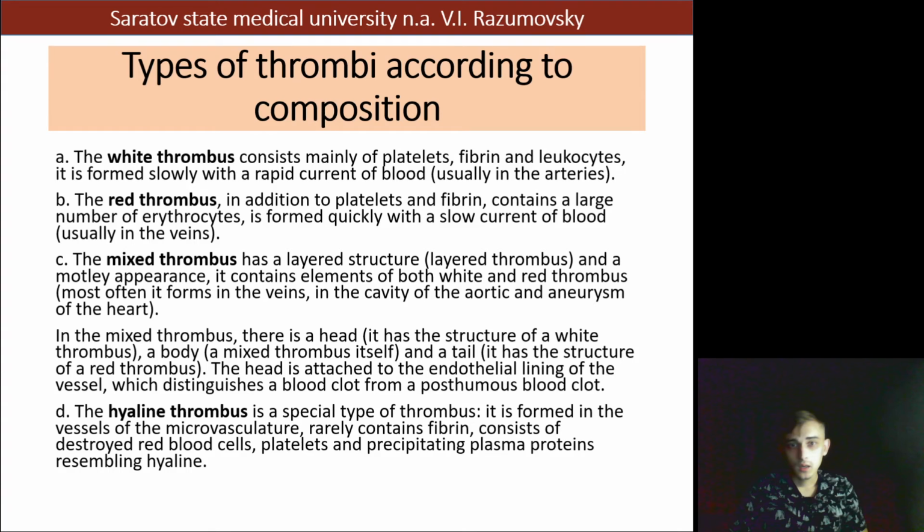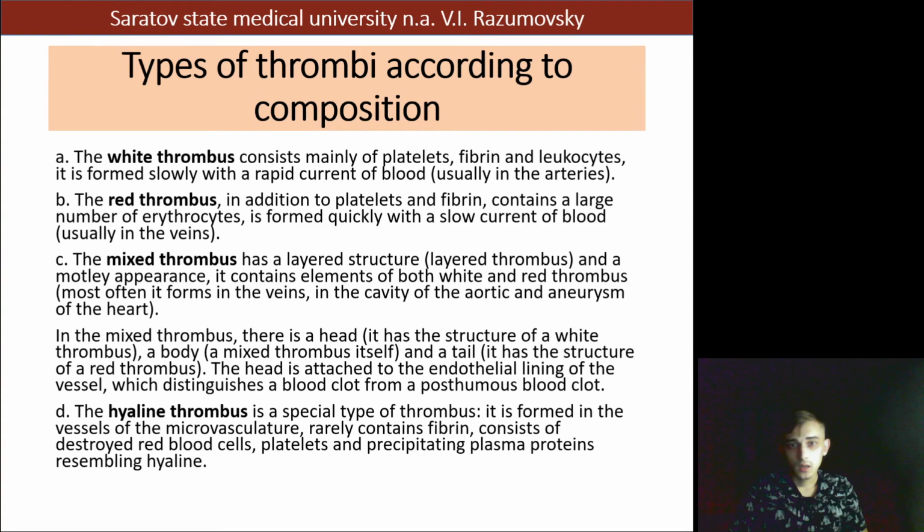Mixed thrombi have 3 parts: head, tail, and the body of the thrombus. The head of this thrombus will be white, the body will be mixed, and the tail will be a red thrombus. And hyaline thrombus is a special type of thrombus.